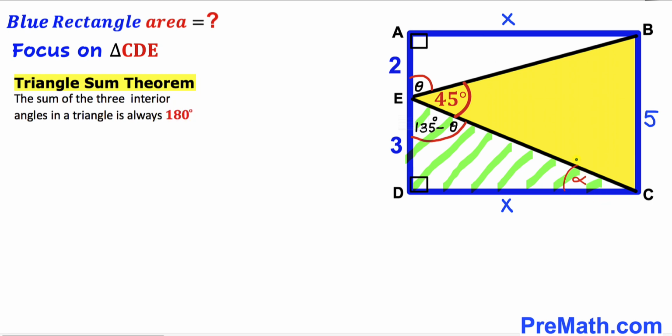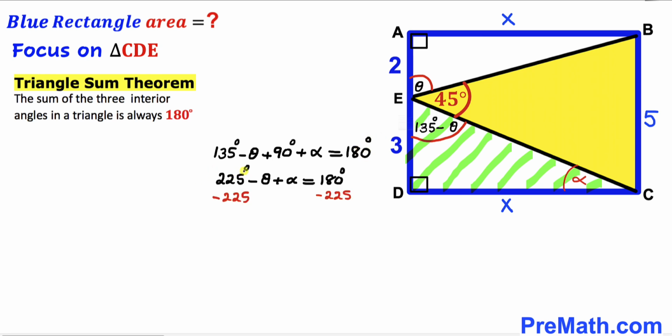So I can write 135 degrees minus theta, plus the other angle 90 plus alpha, must equal 180 degrees.